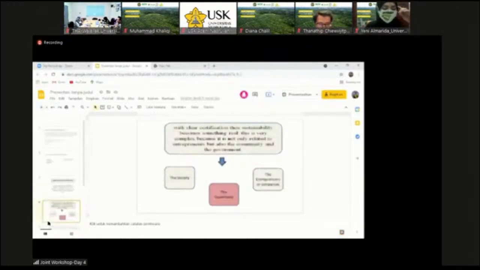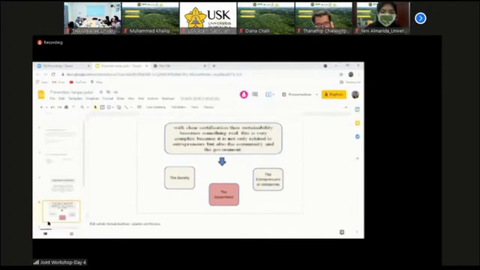With clear certification, sustainability becomes something real. It is very complex because it is not only related to entrepreneurs, but also the community and the government. I think these three are the main things of sustainable certification: the society, the government, and the entrepreneurs or companies. The society must be aware of the importance of sustainability certification.